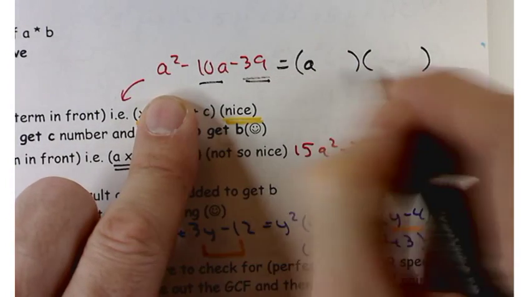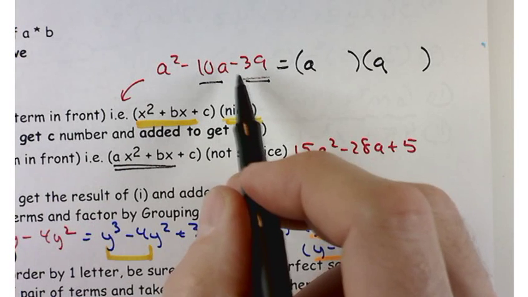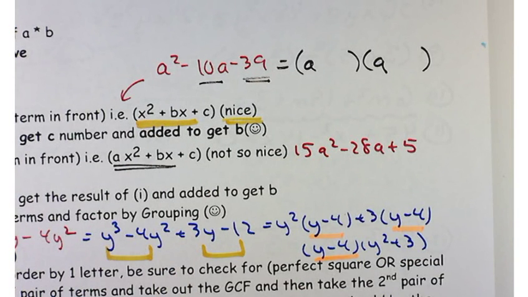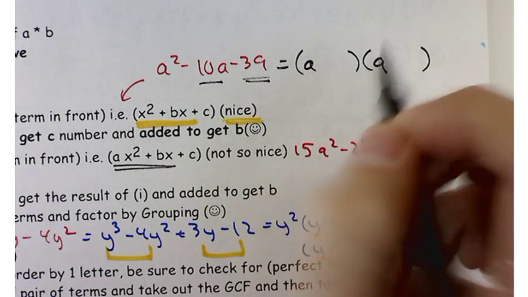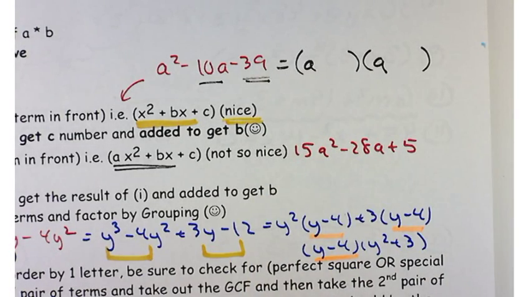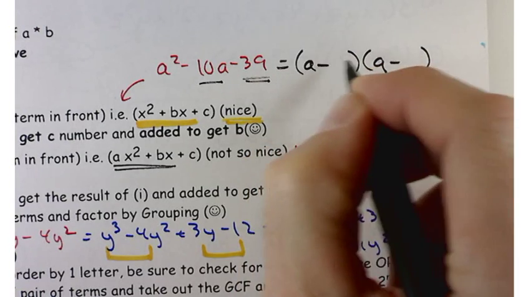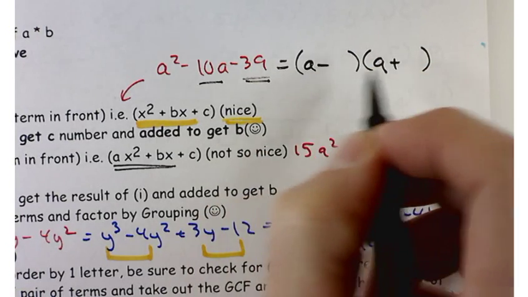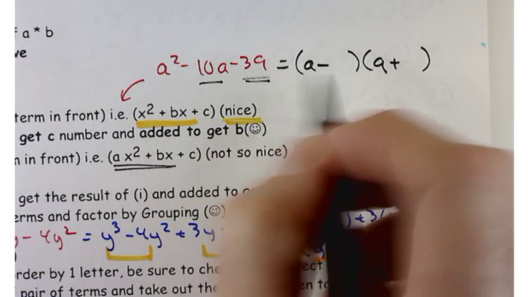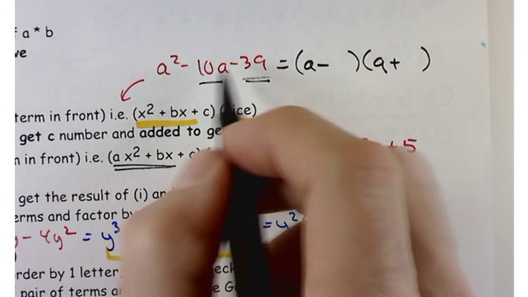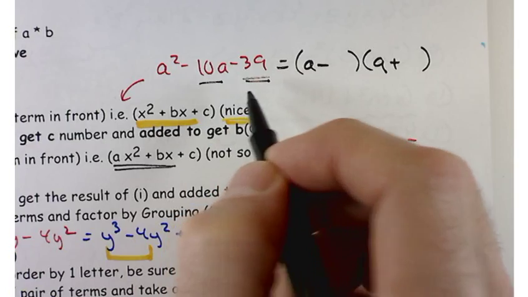We'll start out with an A and an A. Because that last sign is negative, what do I know about these 2 signs? One has to be negative and one has to be positive. They have to be opposite in sign because a negative times a positive will give you negative. If these 2 signs were the same, then you'd have a positive here.